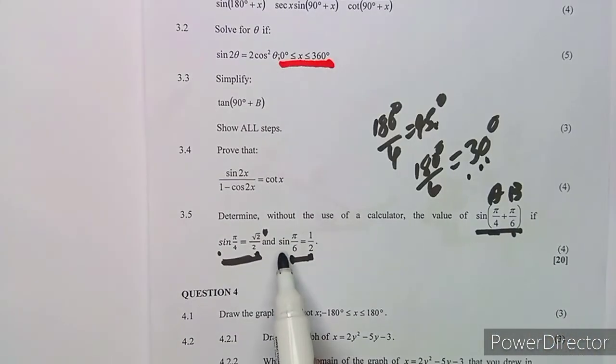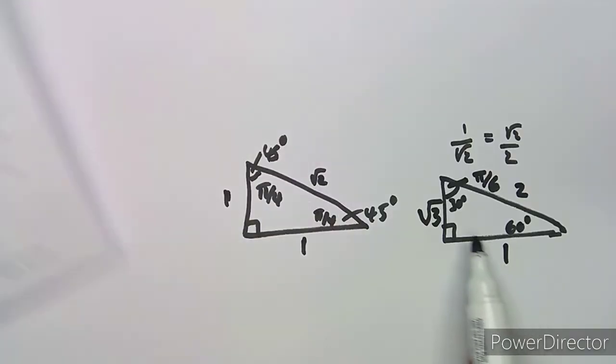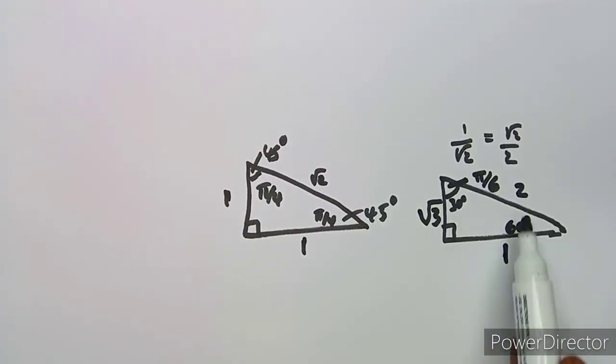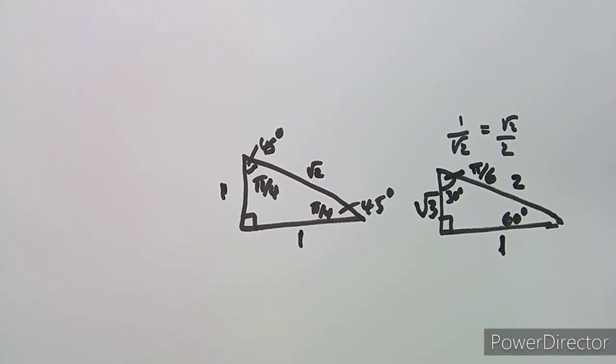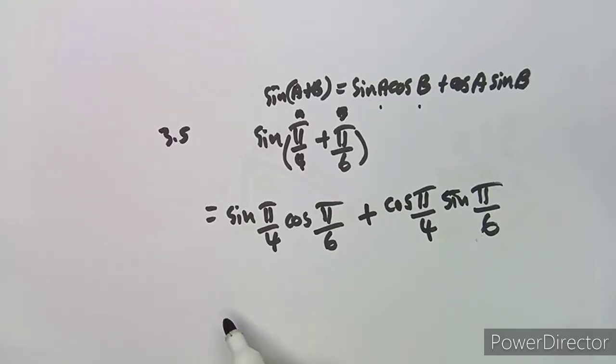So that is what you're given, sine pi over 6, which is sine 30. As you can see, sine 30, it's opposite over hypotenuse, is 1 over 2. So those are special triangles that they just gave you in disguise. You're just supposed to use special triangles. That is what it means, guys.